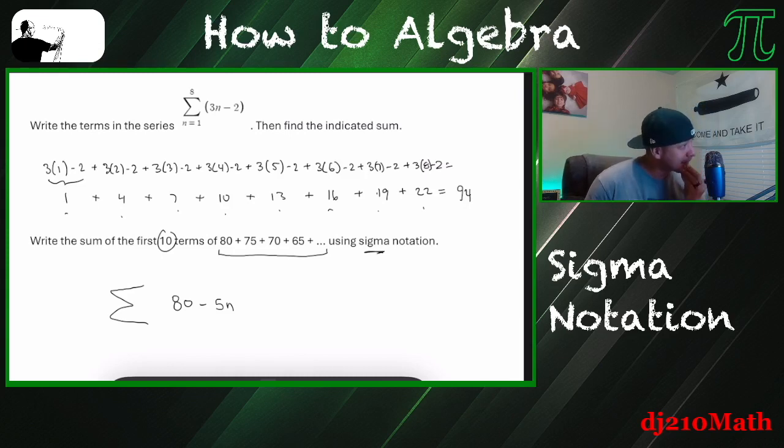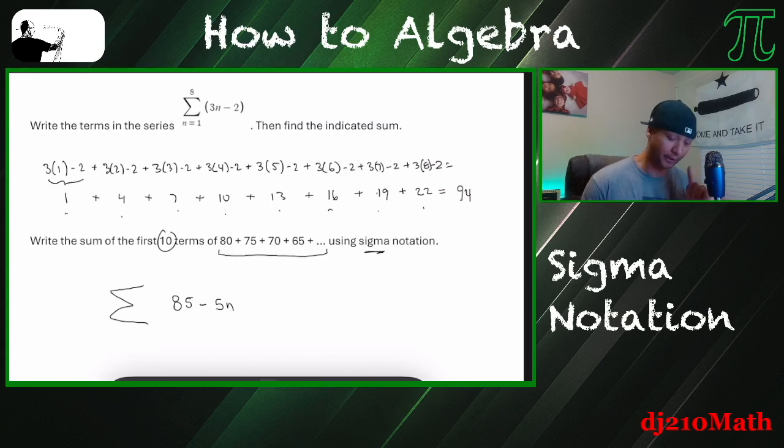At 1, that would put us at 75. So that's not cool at all. So let's adjust. I did 85.